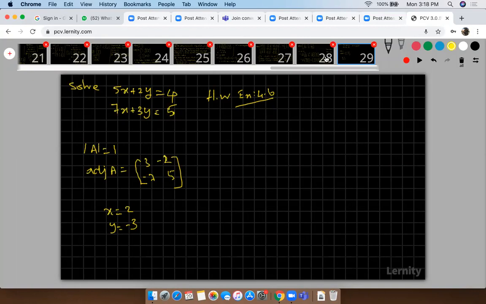Those who are not getting the answer, please try to get the answer. Determinant of A is equal to 1. Try to find out the adjoint of A. Try to complete the problem. X is equal to 2 and y is equal to -3.